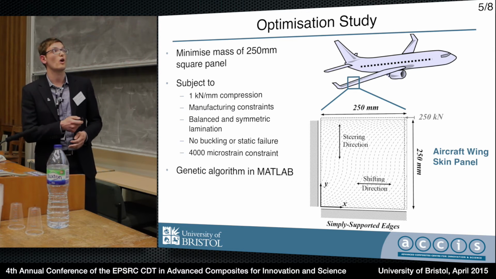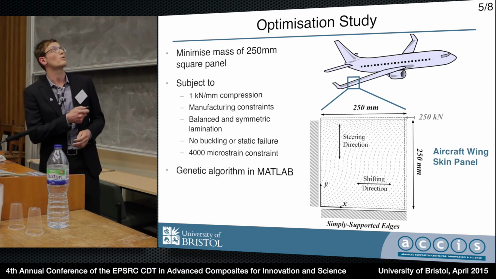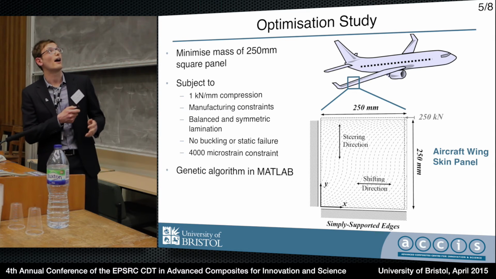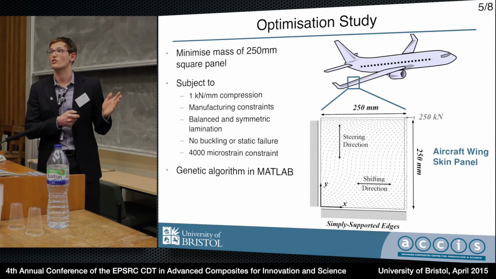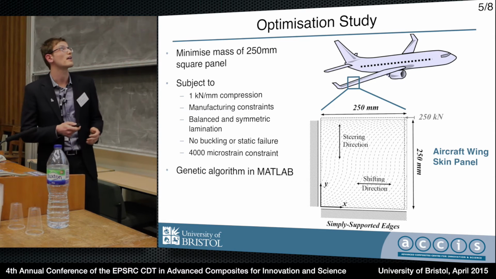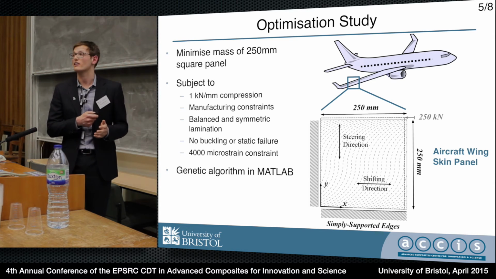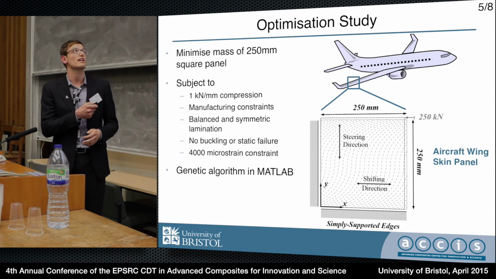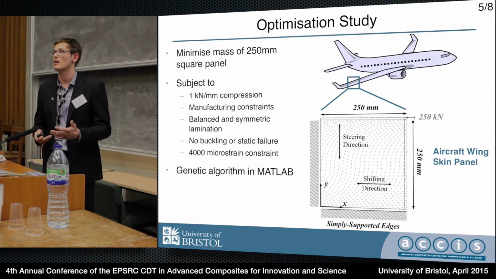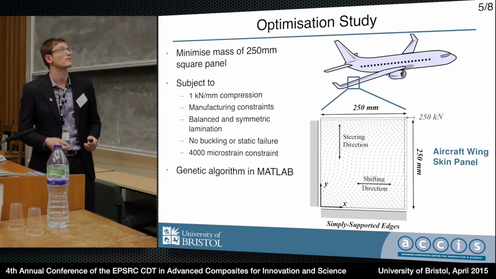I've attempted to optimize the stacking sequence, which is still balanced and symmetric, and follows manufacturing constraints of the CTS manufacturing process. No buckling and static failure is allowed to occur, where the static failure criterion is basically the maximum Tsai-Wu failure criterion throughout the laminate.